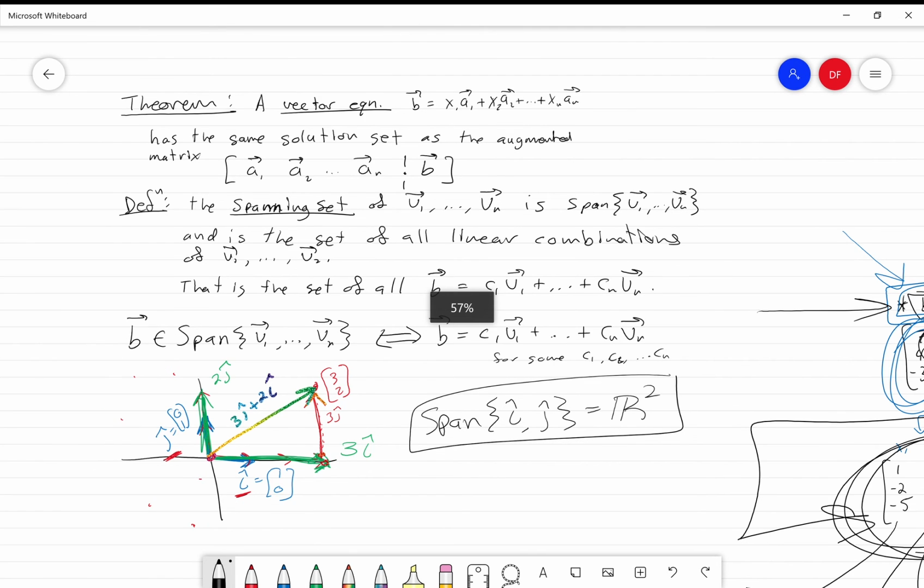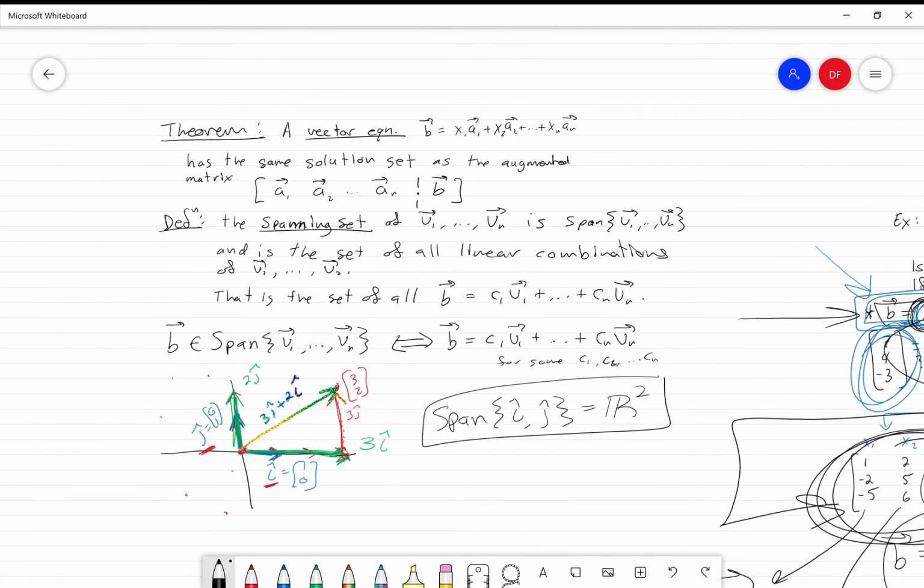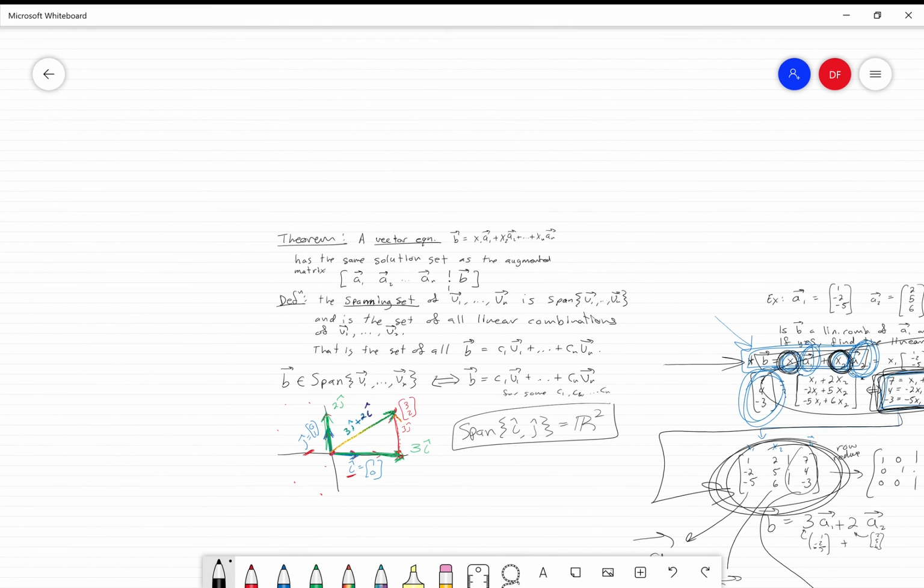So this should tell you, you should immediately think to yourself, okay, what if I have just one vector? What if I have the vector v, and then I have another vector on the same line as v, u, and u equals 2 times v. Then what will the span look like?